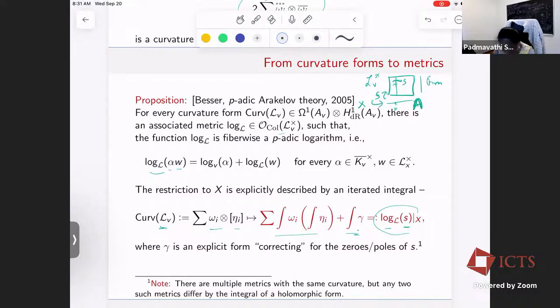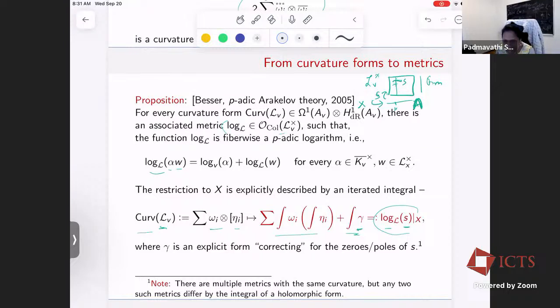You should think of this as some kind of correction form. At least from this description, it's clear that there isn't a unique definition of a log function associated to a curvature form. There is some flexibility in choosing this auxiliary differential form gamma, this correction form.